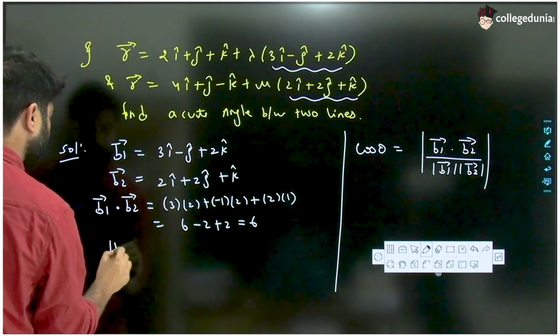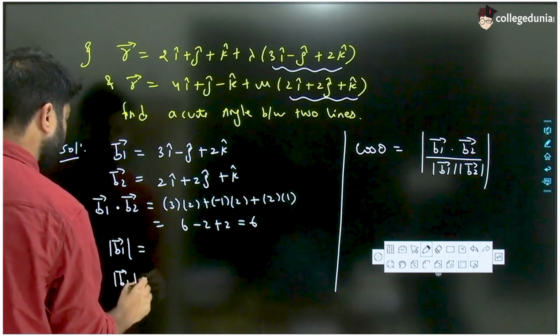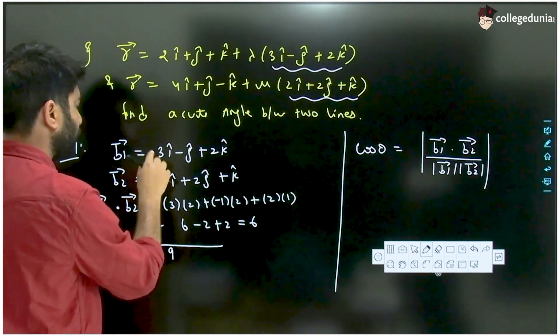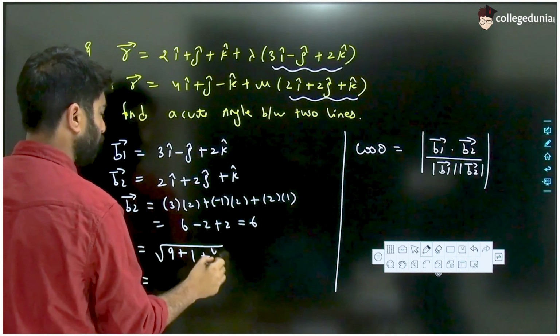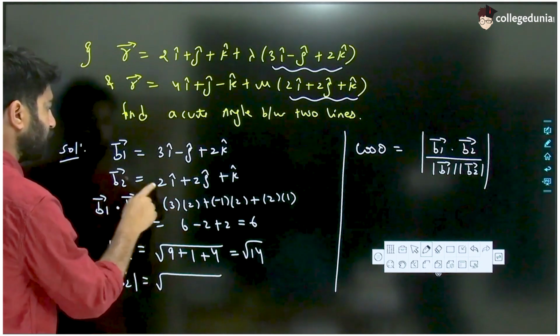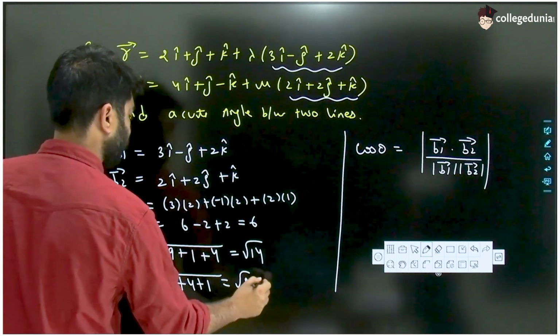Okay, then we need the magnitude of b1 and the magnitude of b2. The magnitude of b1 will be the square of 3, the square of minus 1, and the square of 2, so this is root 14. And the magnitude of b2 is 4, 4 and 1, this is root 9, which is 3.